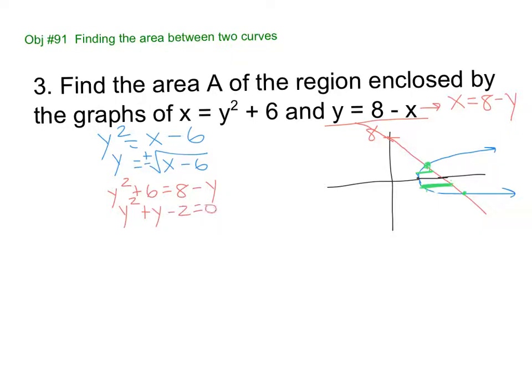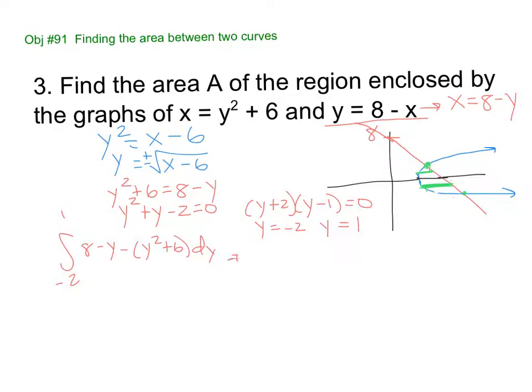Didn't we just do this equation? y plus 2, y minus 1. So our bounds are -2 and 1. So the integral from -2 to 1, right minus left. 8 minus y minus parentheses y squared plus 6. I'm going to rewrite that to make it a little nicer.